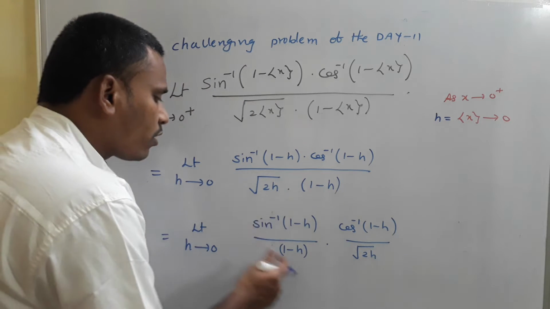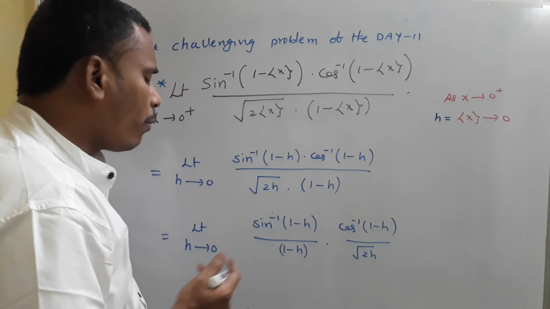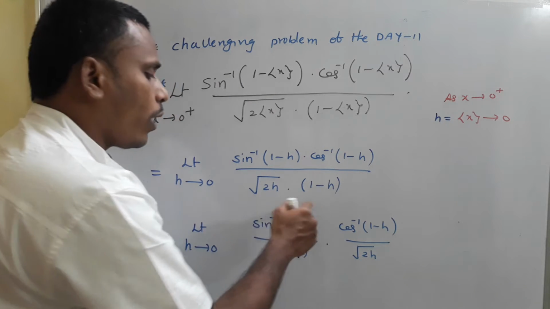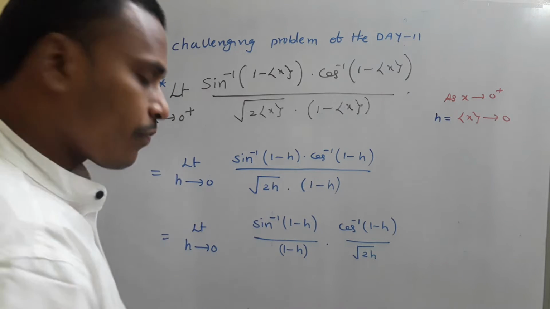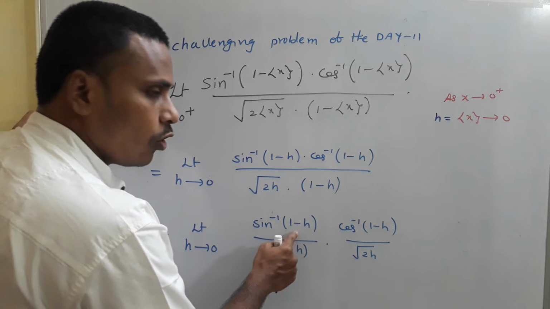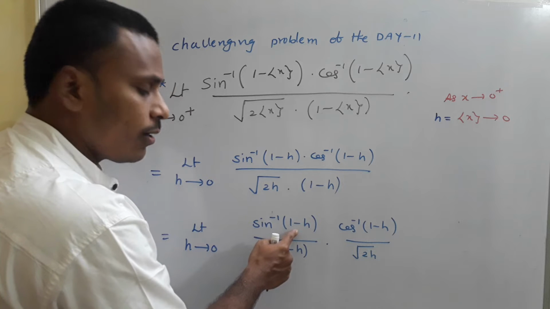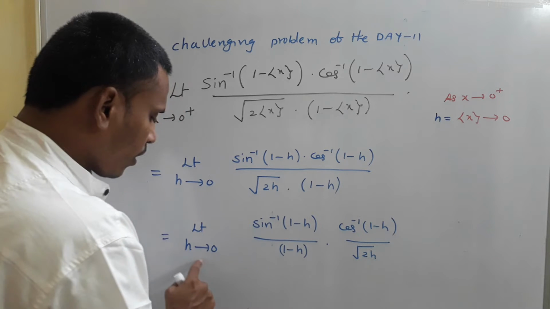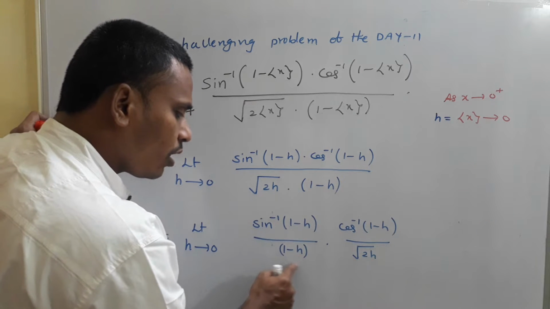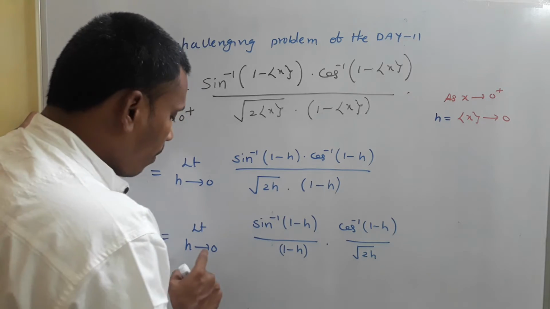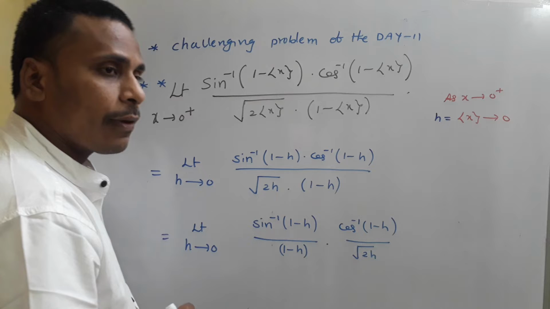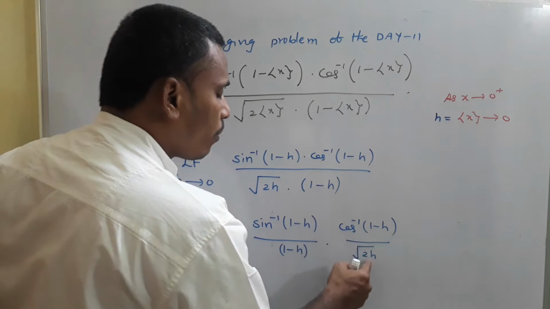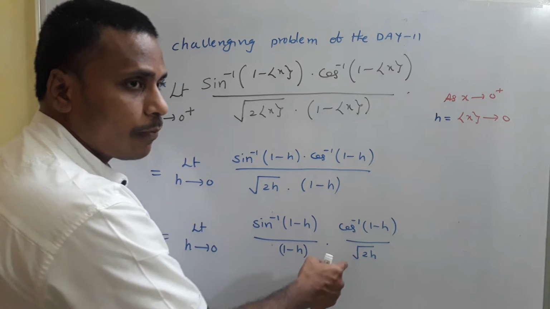Then what you say about this value? You people may think that this value is 1. Limit h tending to 0, this value is not 1. As h is tending to 0, just replace h with 0 here. This is sin inverse 1. And when you replace 0 here, this is just 1. But whereas if you replace h as 0 here, what will happen? This is cos inverse of 1 by 0, this is 0 by 0 format.